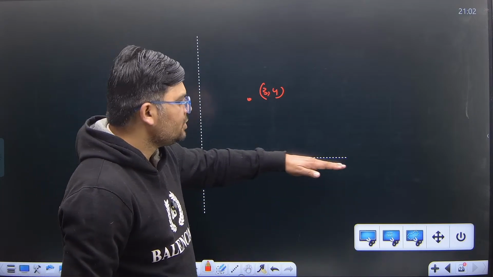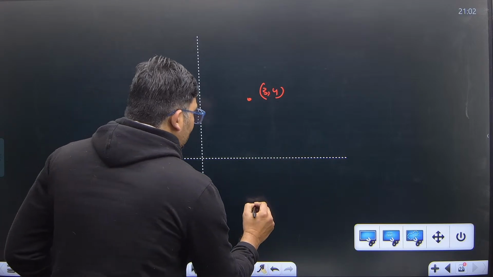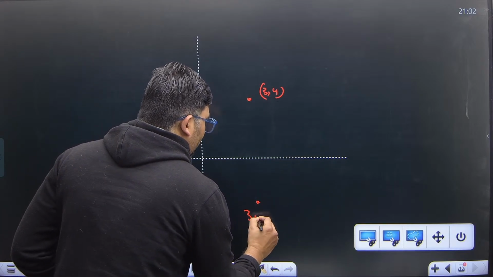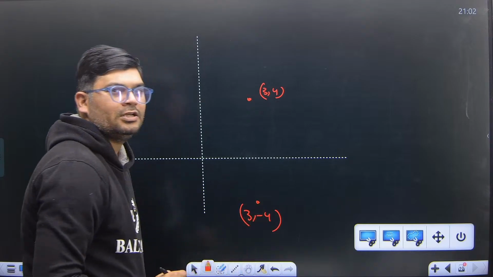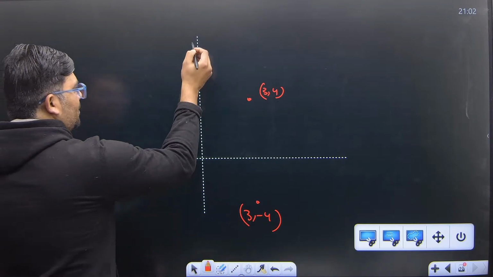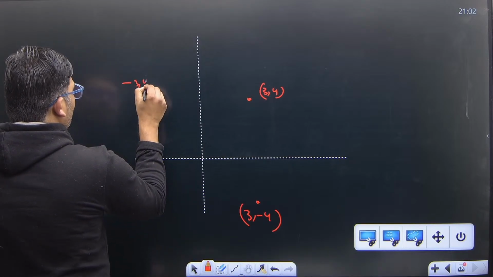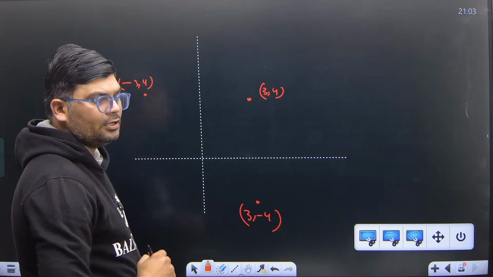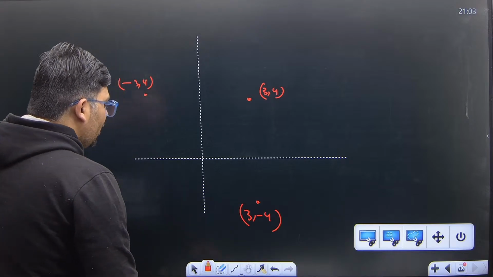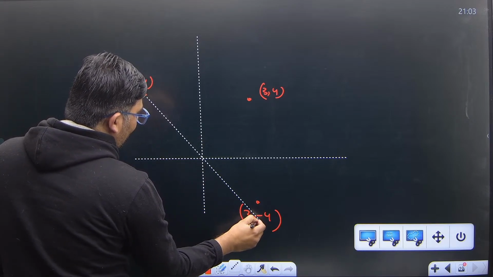One is you take the x-axis as a mirror, so you will get (3, -4). The other reflection will be with respect to the y-axis, and it will be (-3, 4). Are you getting it? Then the third kind of reflection will be towards this line, which is known as y = x.